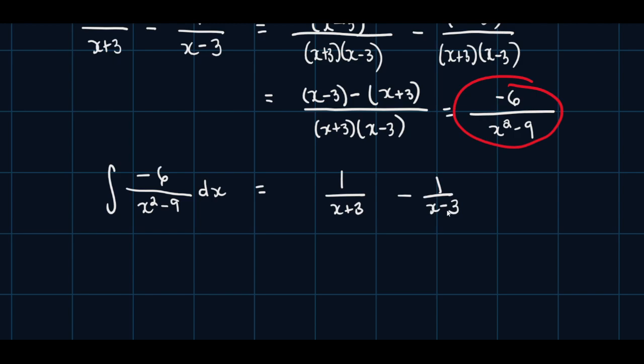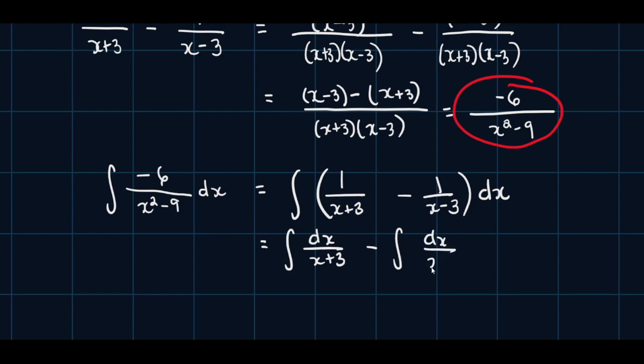So if we want the antiderivative of negative 6 all over x squared minus 9, we can get the antiderivative of 1 all over x plus 3 minus 1 all over x minus 3 dx. Why do we want to do this? If we apply one of the properties of antiderivatives, we can separate the two terms. So we have dx all over x plus 3 minus dx all over x minus 3.